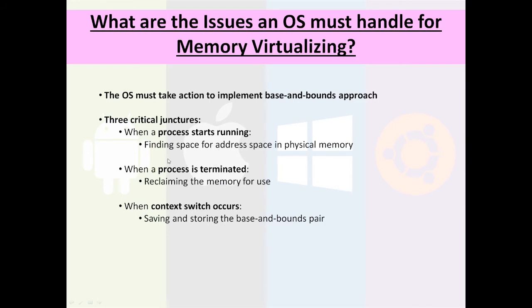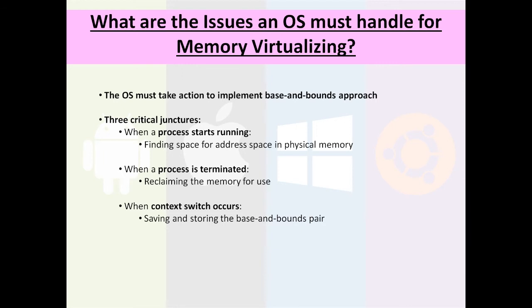Now, there are three critical junctures when the operating system needs to step in in order to handle memory virtualization. The first is when a process starts running, so finding space for our address space to fit in physical memory. The second is when a process is terminated, so reclaiming the memory that was in use and making it free.